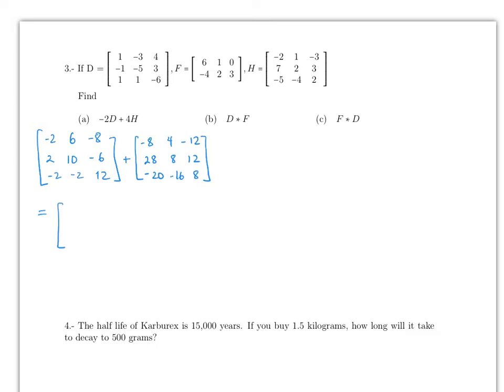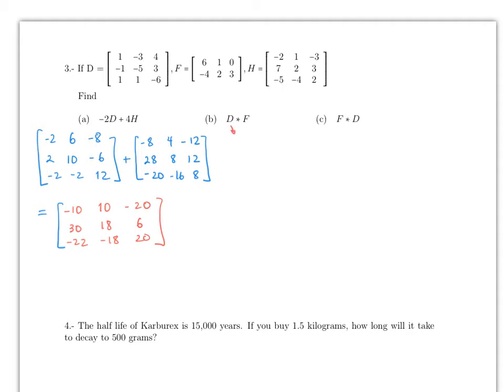So you add this with this, just the corresponding entries. So the first one is minus 10, then 10, then minus 20. This one is 30, 18, 6, minus 22, minus 18, and 20. That's it.